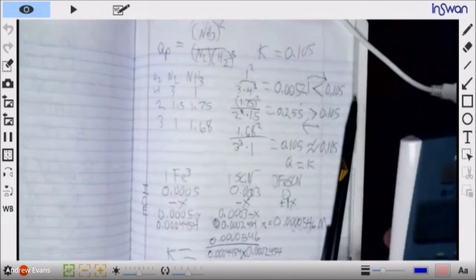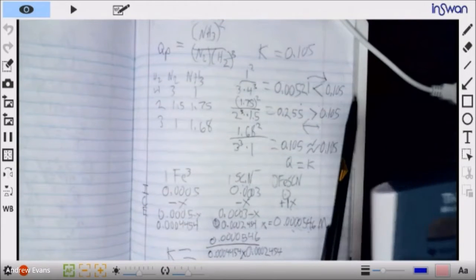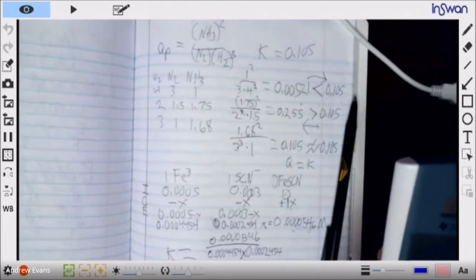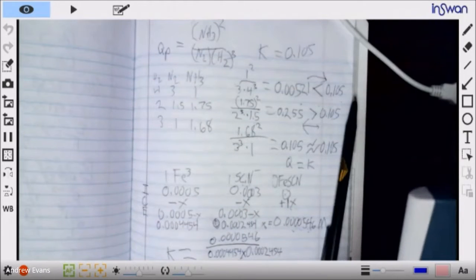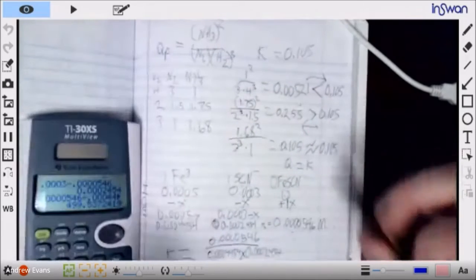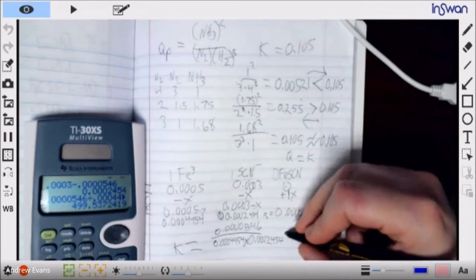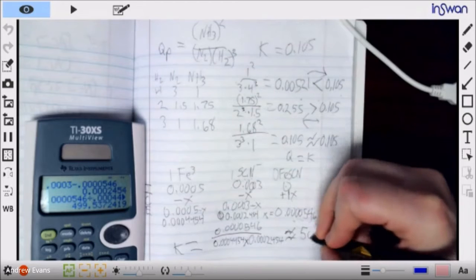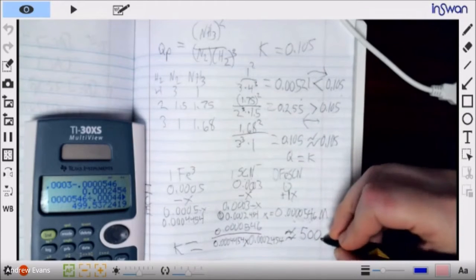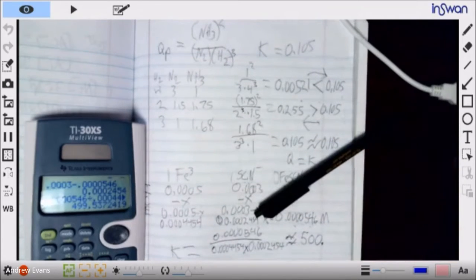And so we can solve our K. Yes, this might have been easier to leave in scientific notation, but we're going to keep it like this for now. We get our K, in this case, is 499.5, which we're going to round up to 500 with a period after it to signify 3 sig figs. So we found our K for this reaction.